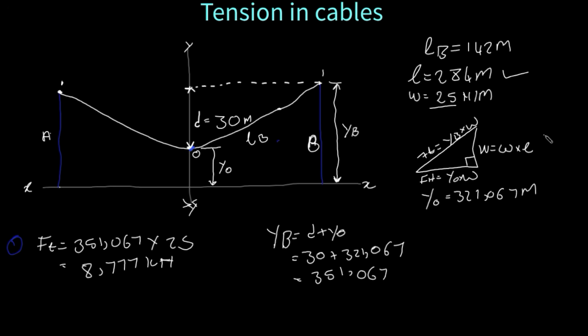That is how we answer the first question. I'm going to put this one here: yb is equal to 351.067 meters.